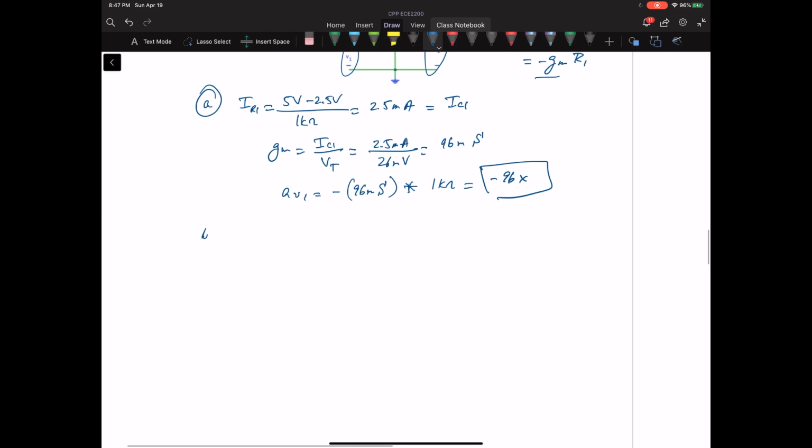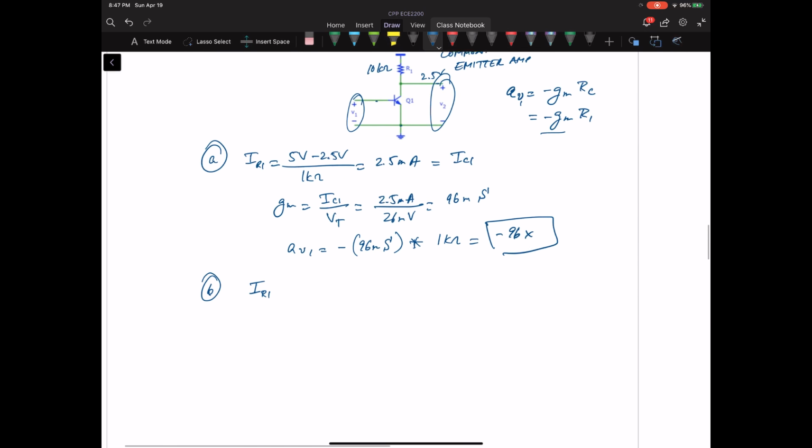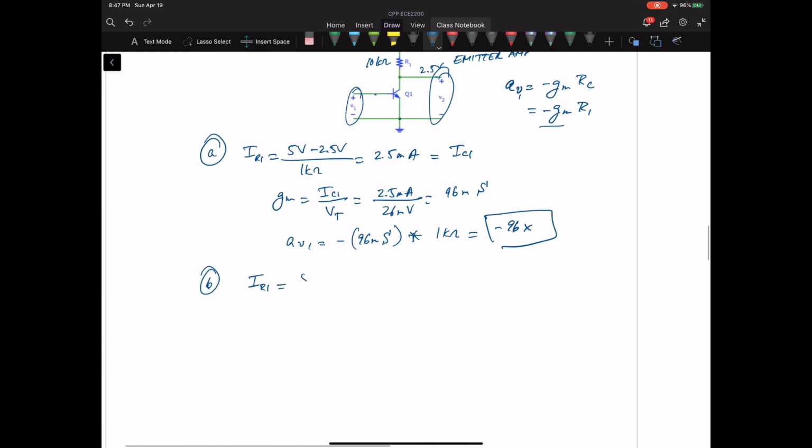For part B, we're changing R1 to 10 k ohm with everything else still the same. So the voltage across R1 is 5 volts minus 2.5 volts. That didn't change, but instead of 1 kilo ohm we now have 10 kilo ohm, which drops our collector current by a factor of 10, down to 250 microamps.